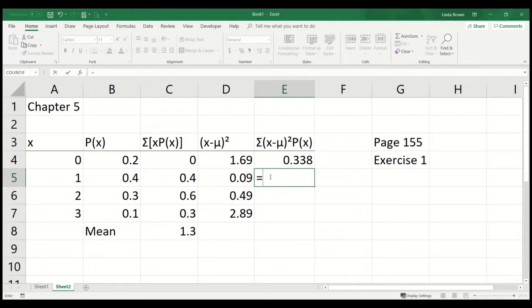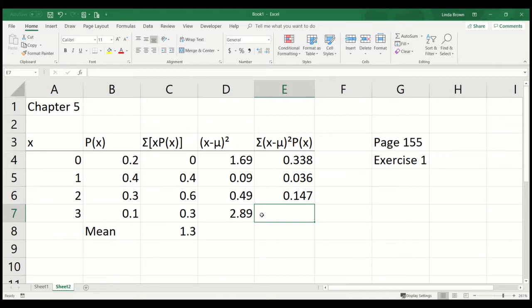Or you are welcome to write it out as well if you choose. 0.09 times 0.4 equals 0.036, and just follow the same pattern. So this is 0.49 times 0.3 equals 0.147, and this is 2.89 times 0.1 for 0.289.